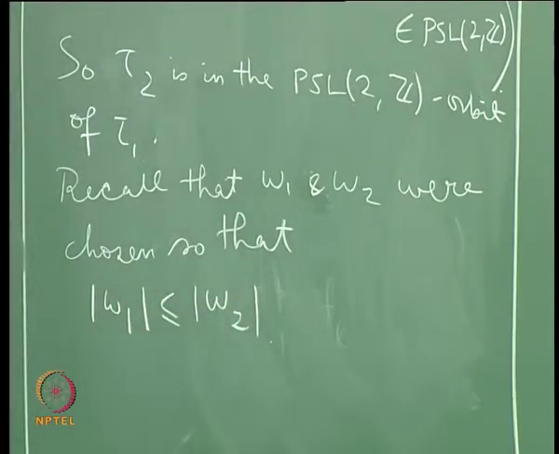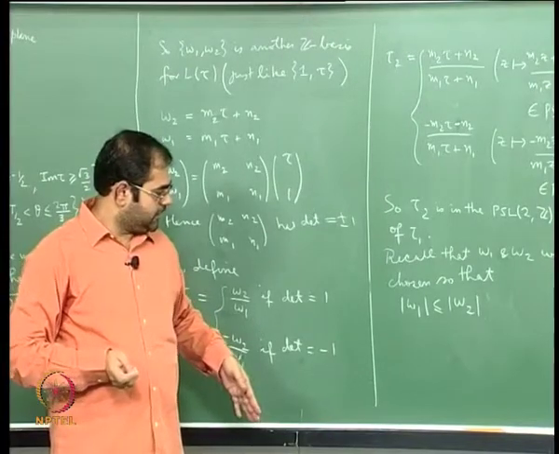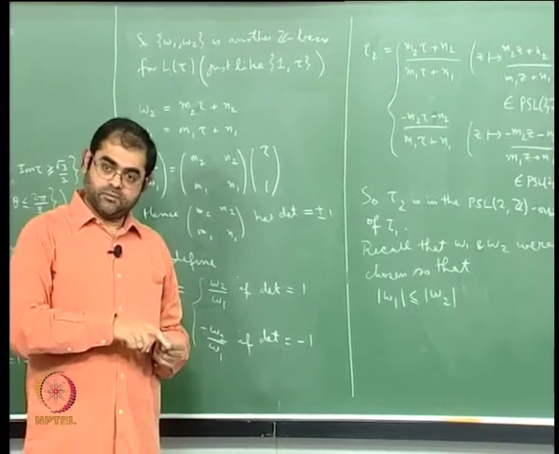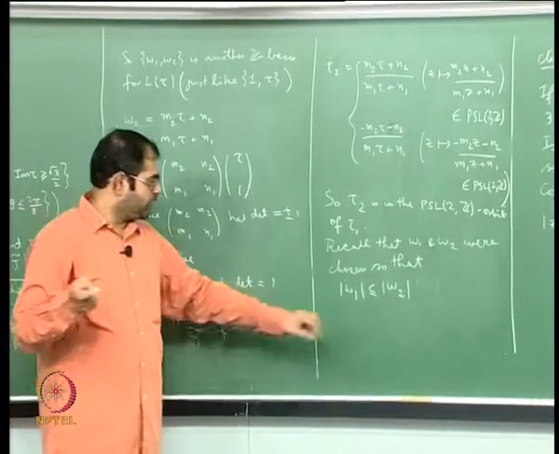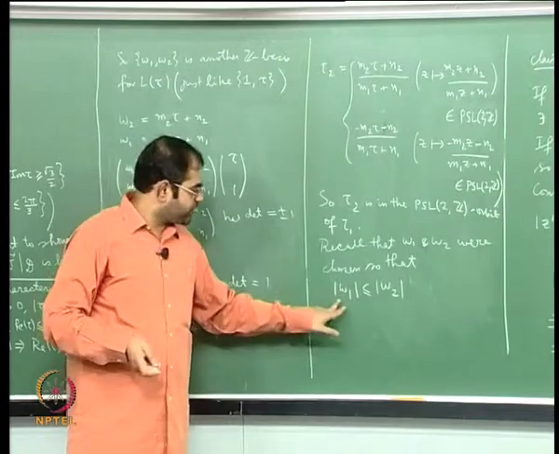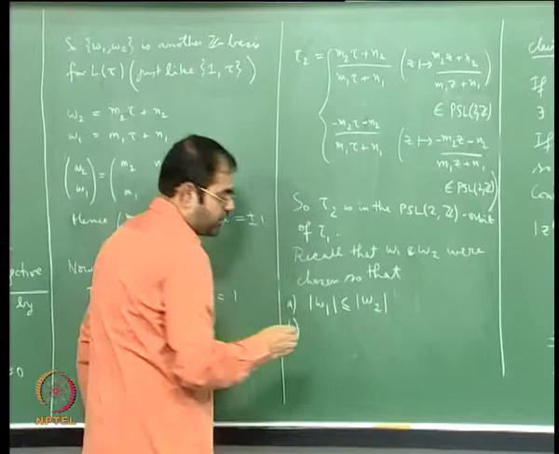This is a particular condition because we chose omega 1 to be the closest point in the lattice defined by tau to the origin, and then we took away all the lattice points on the line that joined omega 1 to the origin, and from the remaining we took omega 2 to be the closest point to the origin. Okay, so this condition is already satisfied. So this is A, and then there are two other conditions.